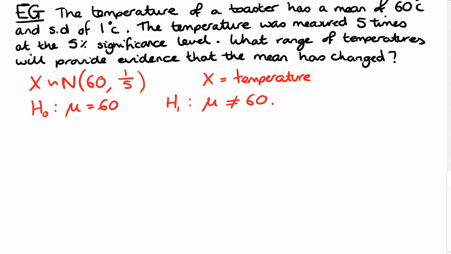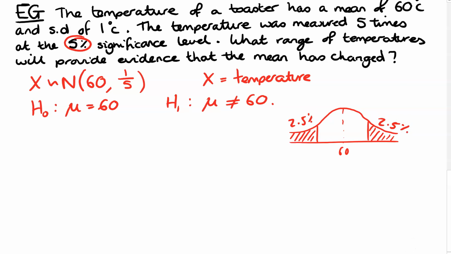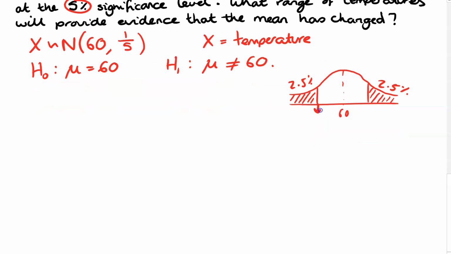So in my diagram, I find these diagrams always help. I've got my mean here of 60, and I need these two tails to sum to 5%, so I've got 2.5% here and 2.5% here. And we are going to do it by finding these cut-offs. So, how are we going to tackle that?